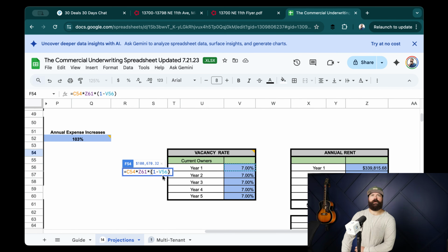This spreadsheet is set up more for value add than it is for stabilized projects. What it's saying is we're assuming 100% occupancy minus 7%, which is saying that we're leasing up 93% of the building.